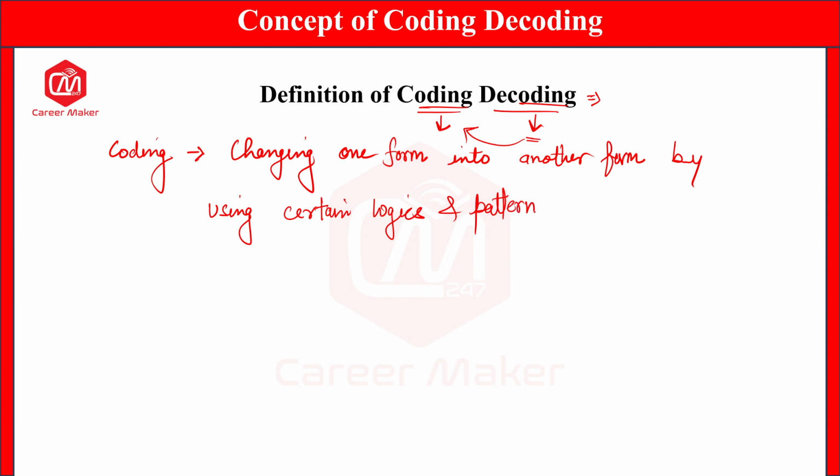Sometimes we are only using logic, sometimes only patterns, or both together. I'll be discussing that logic and pattern later on, but coding is changing one form into another form so that people will not understand your own data which you are trying to secure.